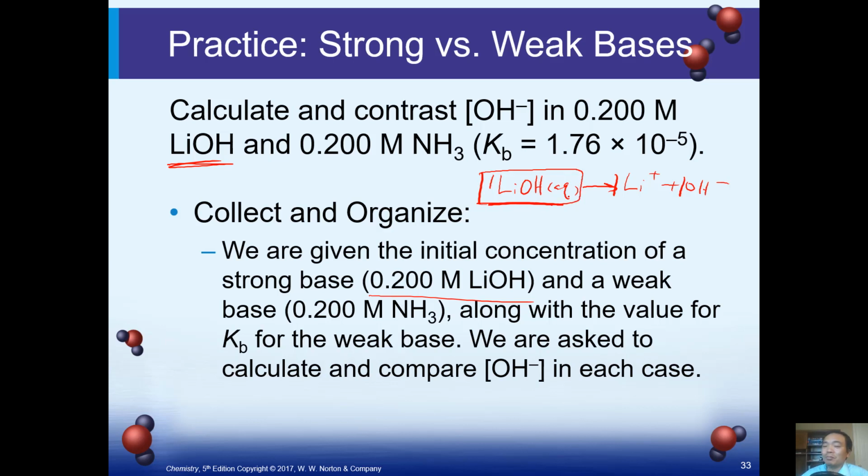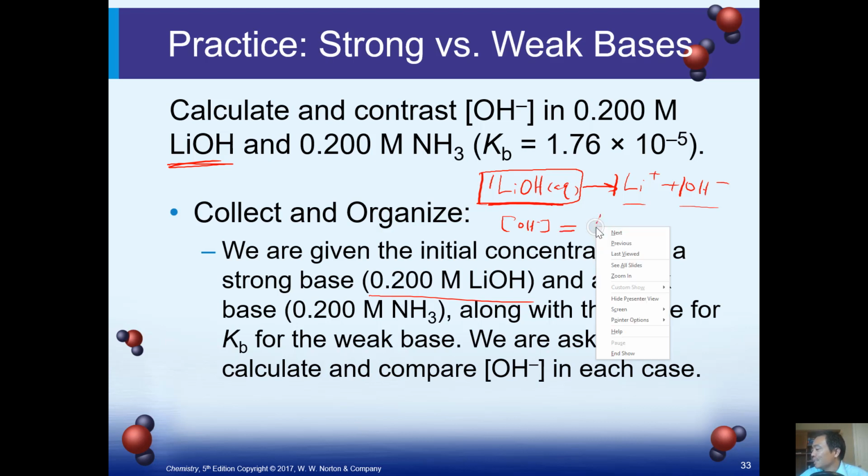They have become 100% lithium ion and hydroxide ion because it's a 1:1 ratio. So hydroxide for this strong base will be the same as this initial lithium hydroxide concentration, or in another word, it would be 0.200.